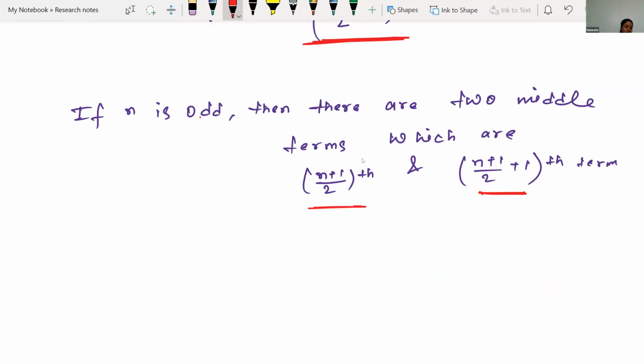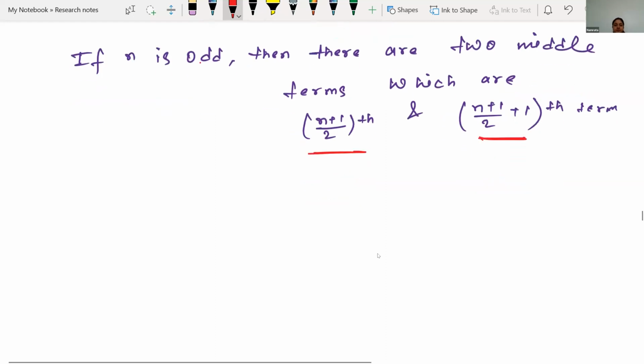One more thing we will be discussing over here. If you see the expansion of a plus b whole square, that is a square plus twice ab plus b square, right?